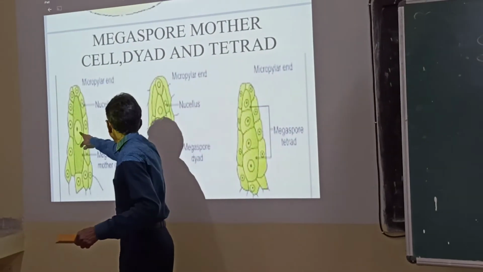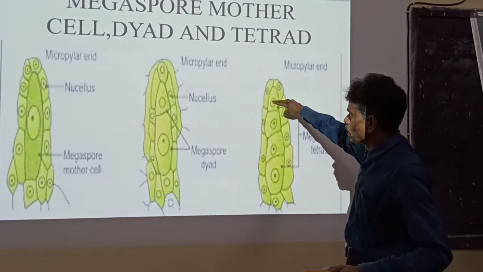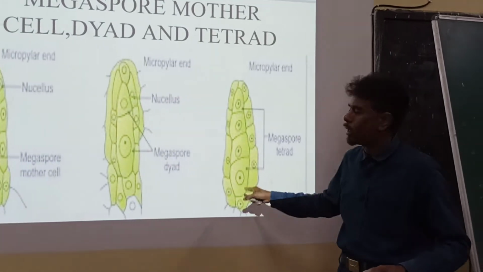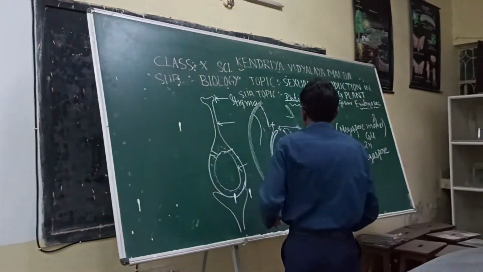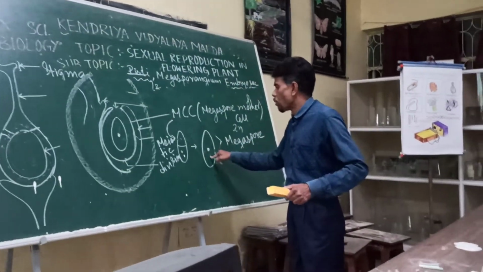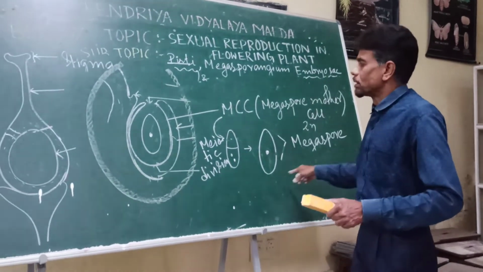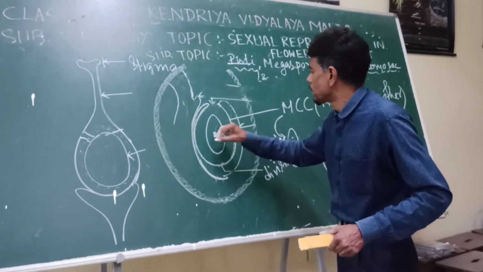First the nucleus divides to form a two-cell stage, then further meiotic division, 1, 2, 3, 4, a megaspore tetrad is formed, and out of that 3 degenerate as I have shown you here. And the functional one is now called the megaspore. This megaspore contains a very prominent nucleus.